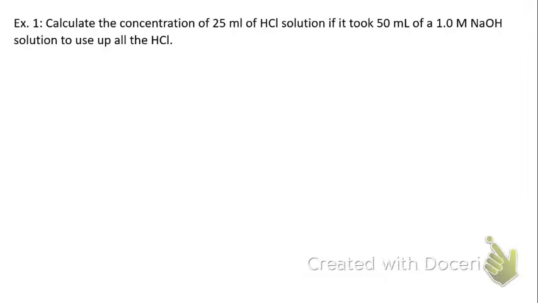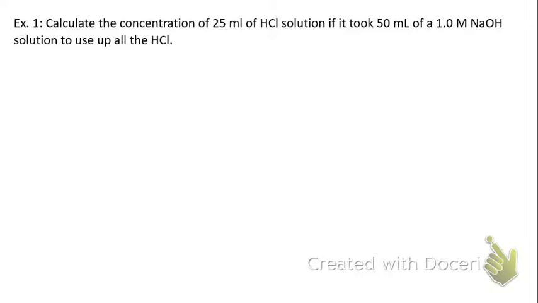So now what about the calculations? The calculations are not too bad when you're dealing with a titration like this, because they're essentially acid-base neutralization reactions. So for instance, let's take a quick look at 3 example problems. We'll go quickly.